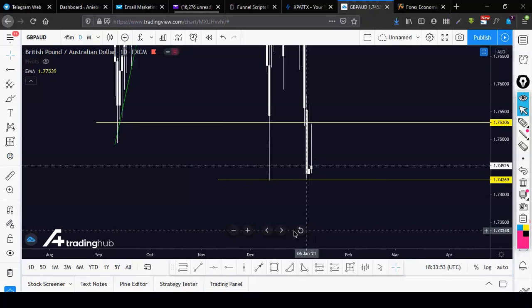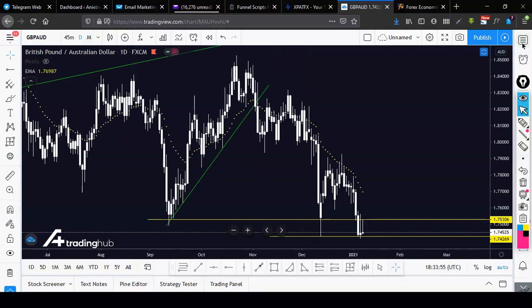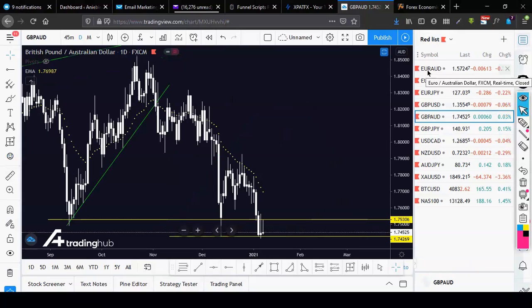Now I hope you guys are learning something here. Now if you look at my watch list, first I started with the euro AUD, euro CAD, euro JPY, like three pairs. If you notice, the three of them have similar market structure and trend, but if I take a trade on one of them, I'm not taking a trade on the other again, because it's like taking double risks, except I see a very unique pattern or entry.